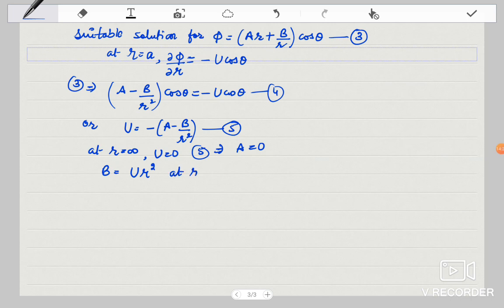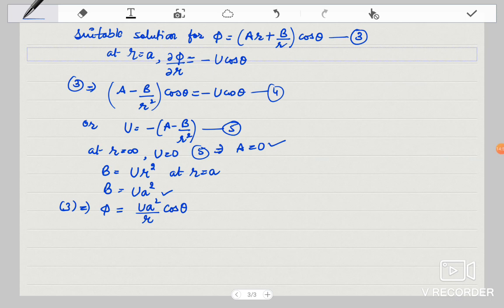Now at r is equal to a, what will be B? B is equal to u a square. So finally you got the value of A and the value of B. So put these values in 3 and you get phi. 3 implies phi is equal to 0 plus u a square upon r cos theta. So in this way you get your phi.